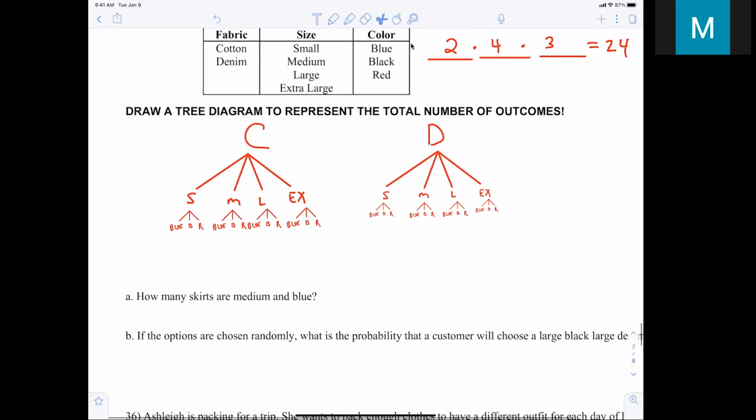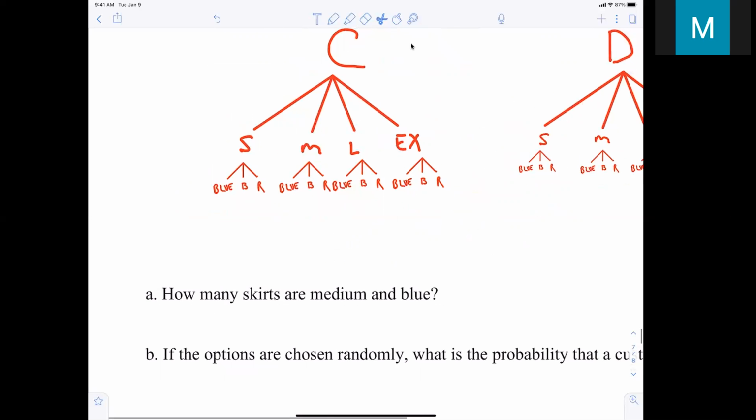That wasn't bad, right? So now if you had to list them, and I'm not asking you to list them, but you could say what? CS blue, then what? CS black, and then there you go.